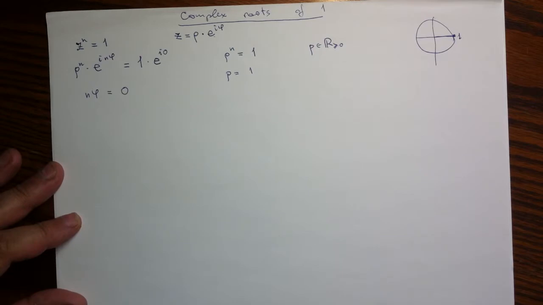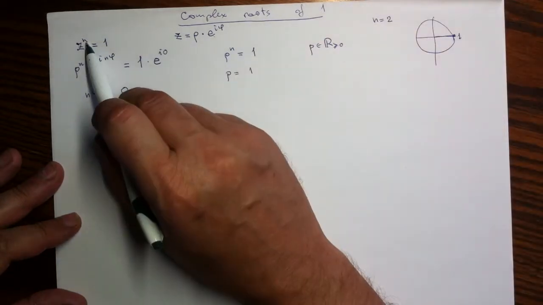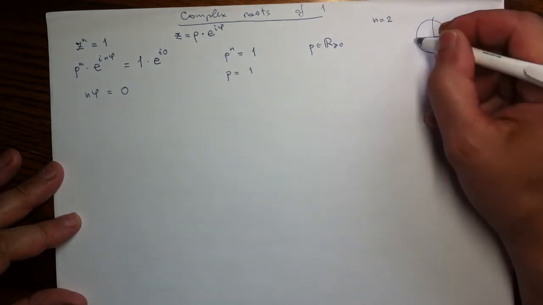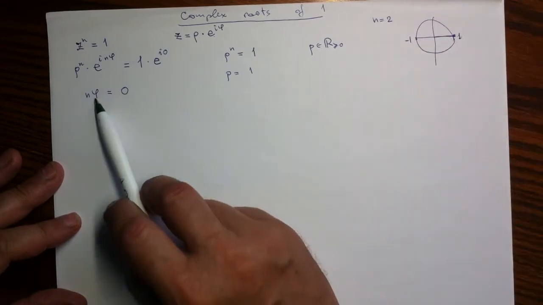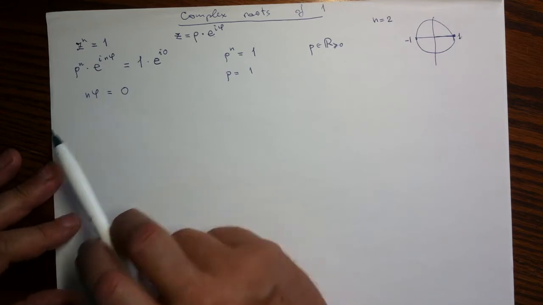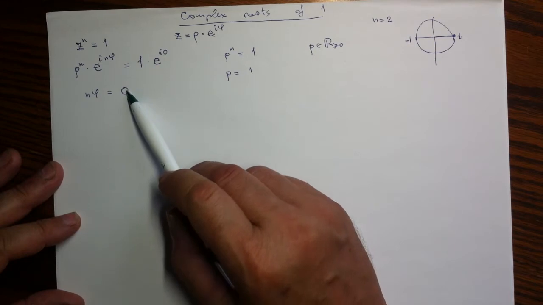But even for this degree n being 2, we know two solutions. One is positive 1, the other is negative 1. So for n being 2, we are missing one solution if we just naively cancel out n and end up with phi being 0. And that is because we are naively treating the right hand side.